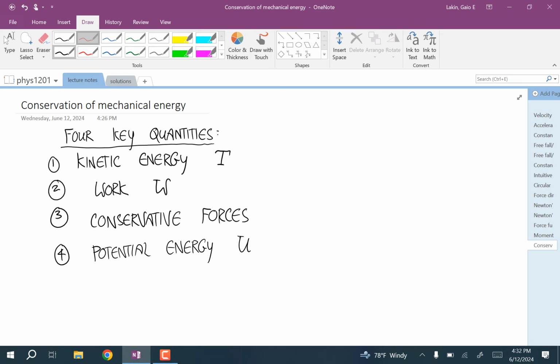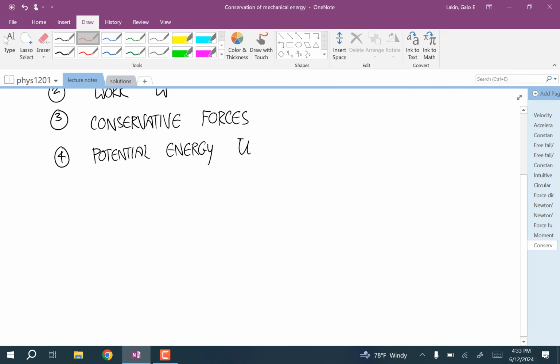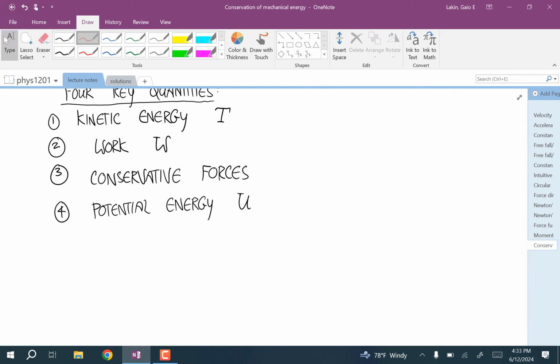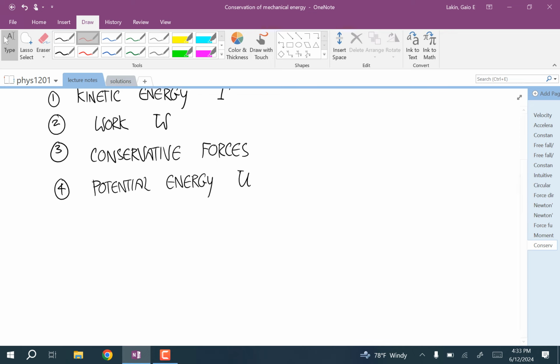Okay. Before we get started with defining things, I'm going to give you the punchline first. The key result that we're working towards is the conservation of mechanical energy. And this is what it says.